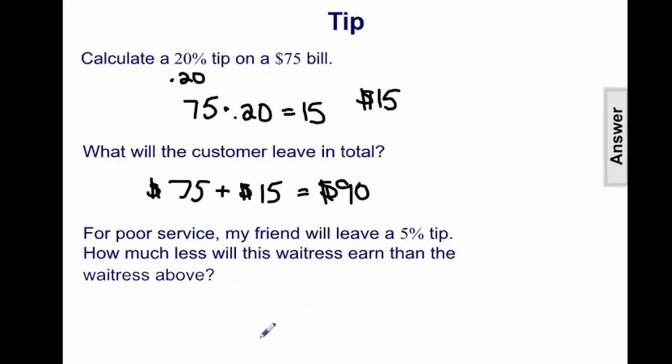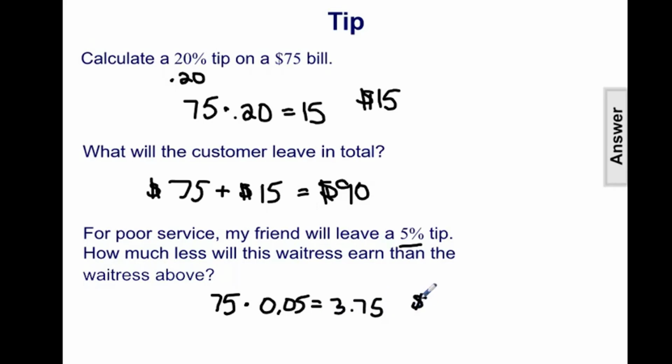However, for poor service, your friend wants to leave a 5% tip instead. So how much less will the waitress earn than the waitress above? So here, 5% on 75 is going to be different. It's going to be a lot less than 15. Let's do 75 times 0.05, and we will get that that's only $3.75.